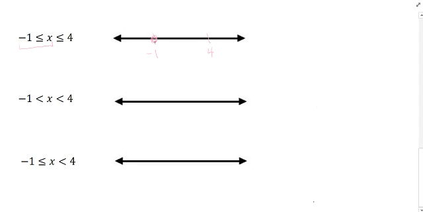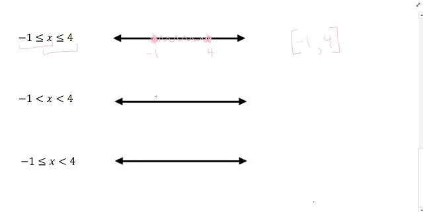That means I'm including -1. The second part says x has to be less than or equal to 4. That means I'm including 4. And we talk about every value in between. To write the interval notation, we go from -1, the smaller number, to 4, the larger number. And since we include -1, we put a bracket around it. Since we include 4, we put a bracket around it as well.